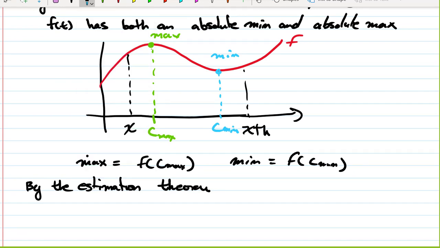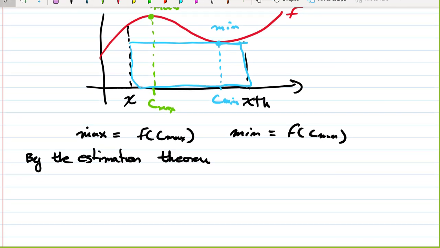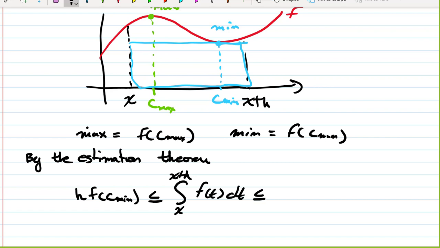If I did the estimation theorem on this picture, the actual area underneath that curve would have to be bigger than the blue rectangle, and the blue rectangle has height f of C min and width x plus h minus x, so it's h times f of C min, which is less than or equal to the integral from x to x plus h of f of t dt, which is less than or equal to the green rectangle, which is the max.